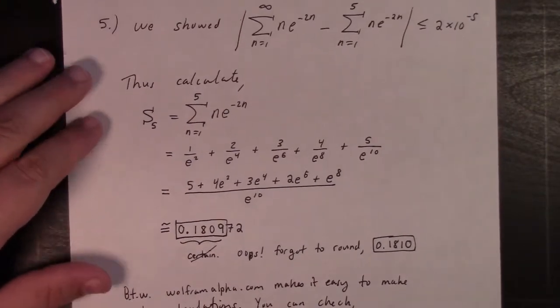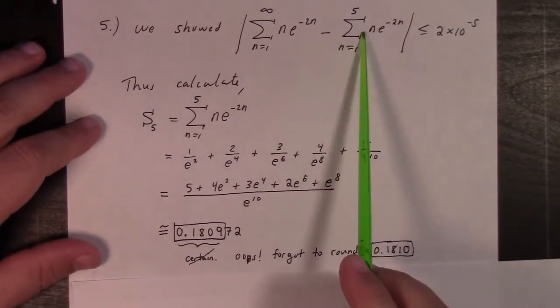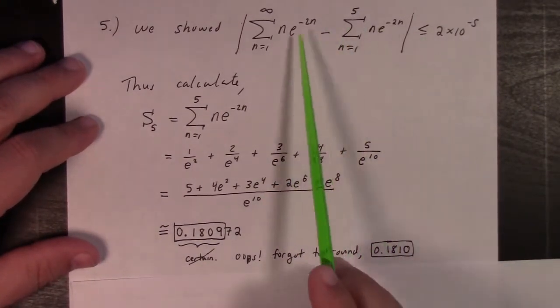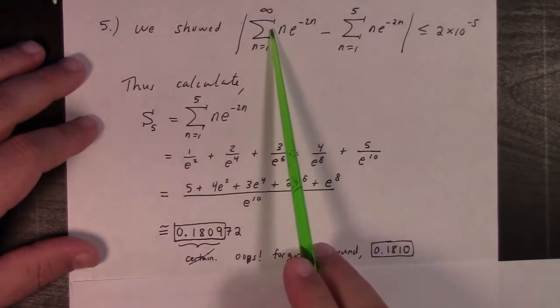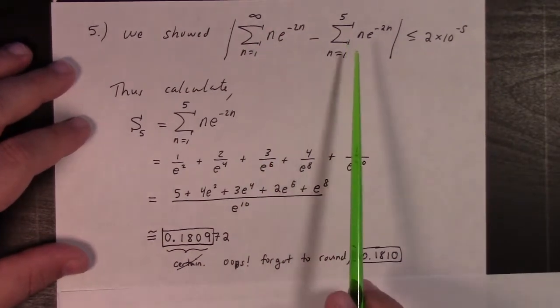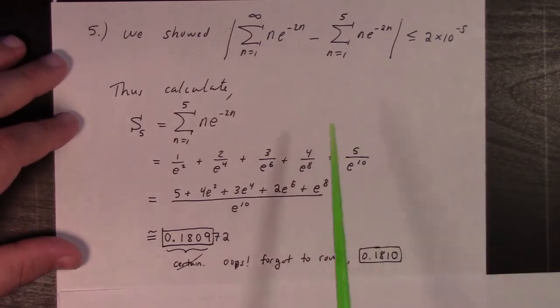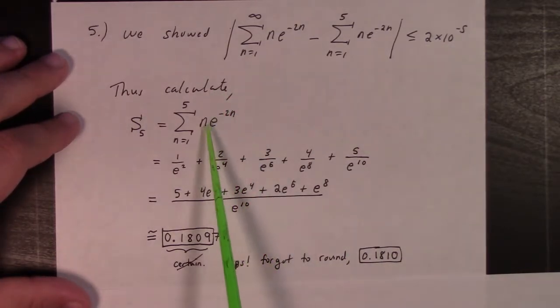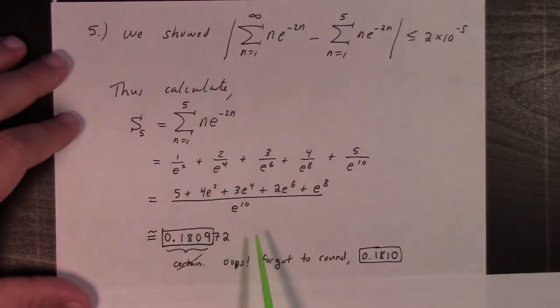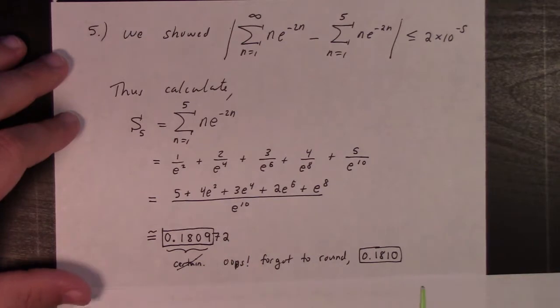So I've already shown that the fifth partial sum has an error in estimating the series of at most 2 times 10 to the minus 5. So calculate the fifth partial sum: this, which is equal to that, 0.180972.